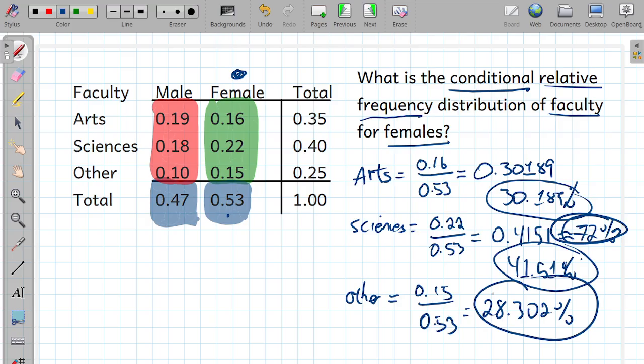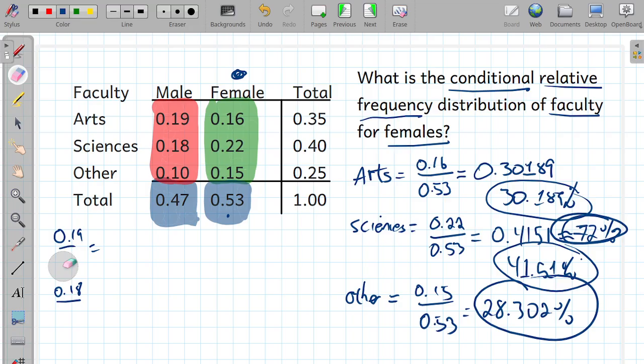You'll notice I also have the male column highlighted. I was thinking we could work through these as well. So for the males, we have 0.19 over 0.53. We'll figure that out in a moment. Then I have 0.18. Now, why am I using 53? That's how mistakes happen. You put your brain on hold.